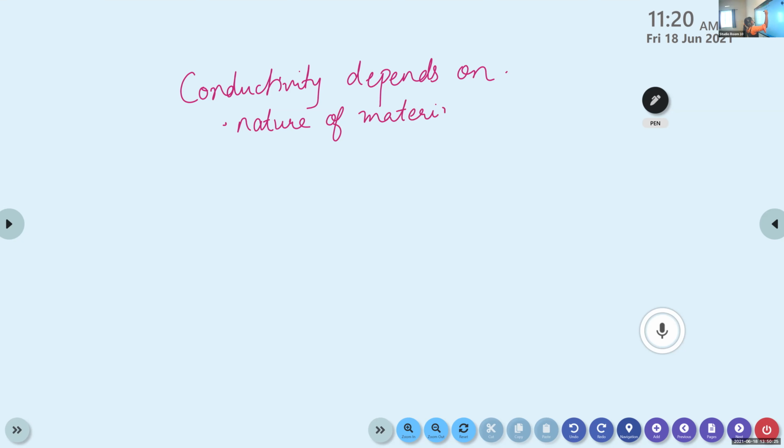Second, the temperature at which we measure the conductivity. Next, the pressure at which we measure the conductivity. So these are the three factors on which the magnitude of conductivity, that is the value of conductivity, depends.